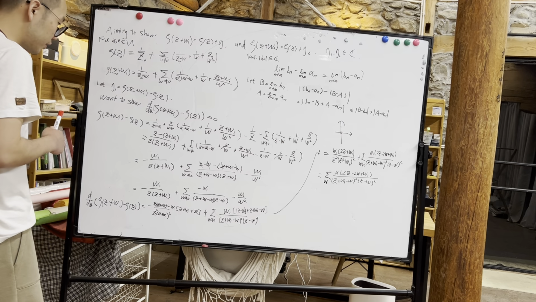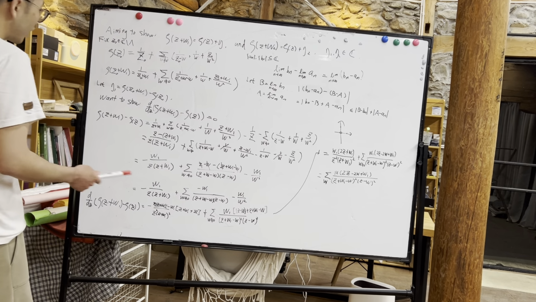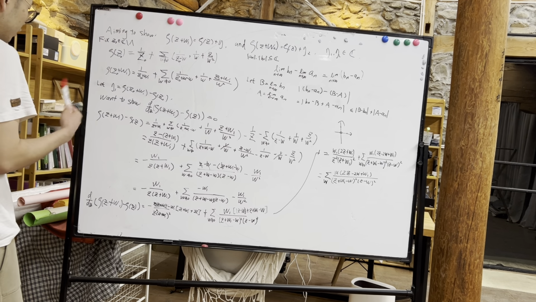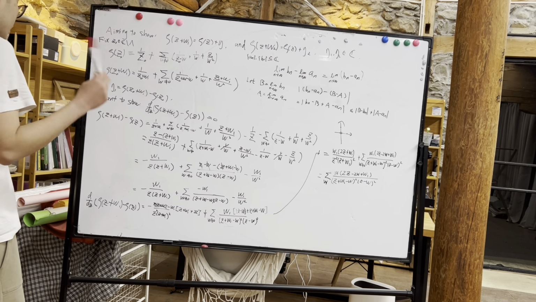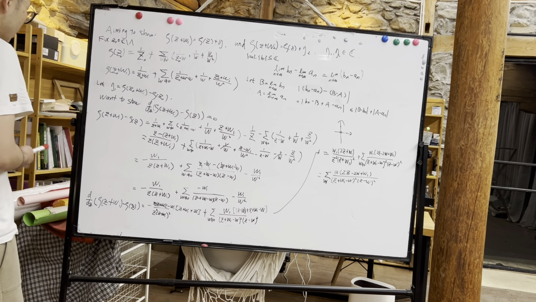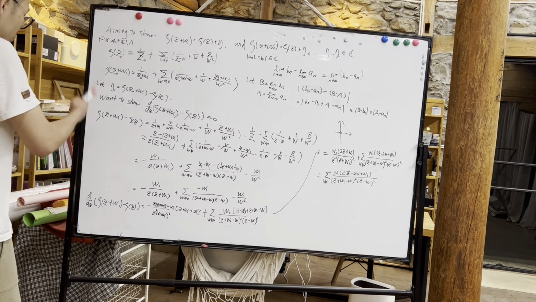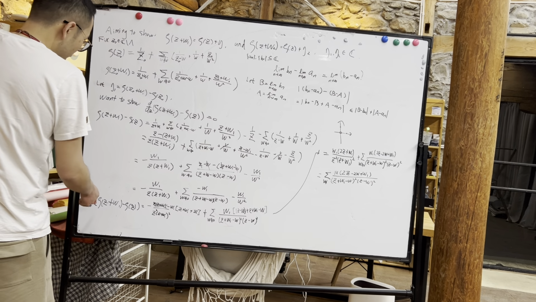So this function is a limit of a sequence of holomorphic functions, and it converges uniformly on compact subsets of C minus the lattice.